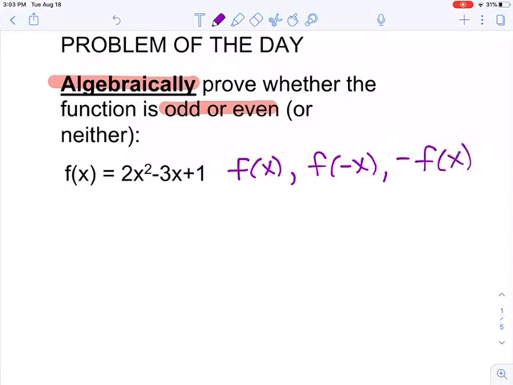Hopefully in your work, you are doing something with these three expressions.